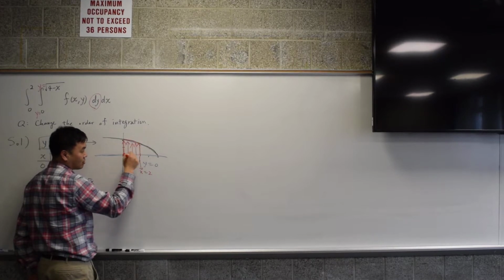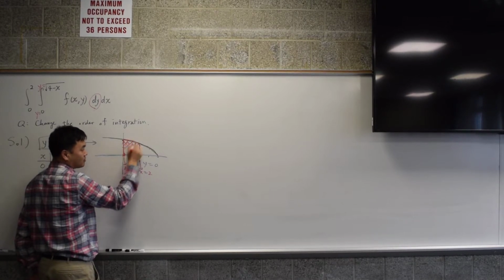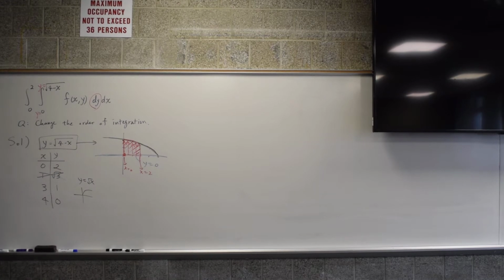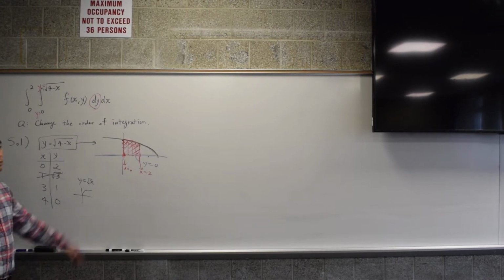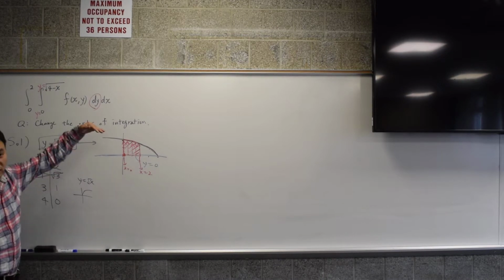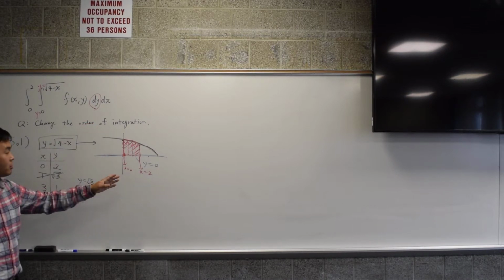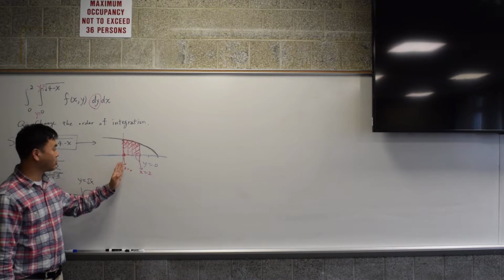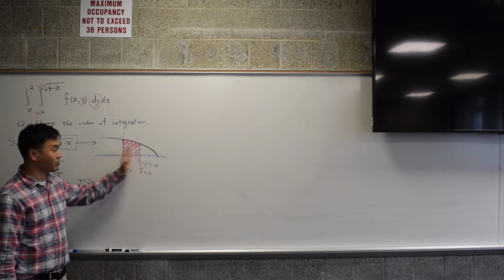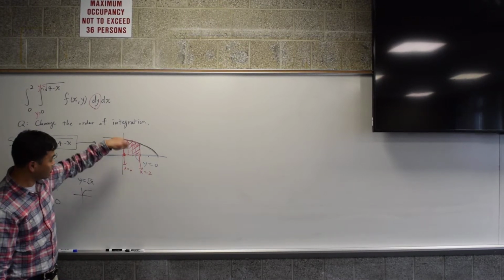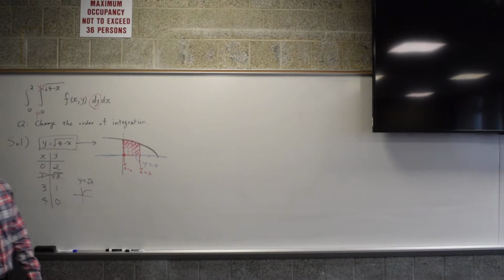So this is the domain that you get. You start from the bottom curve, you end at the top curve, and there are the limits for the x value, left and right, going upwards, covering this region.